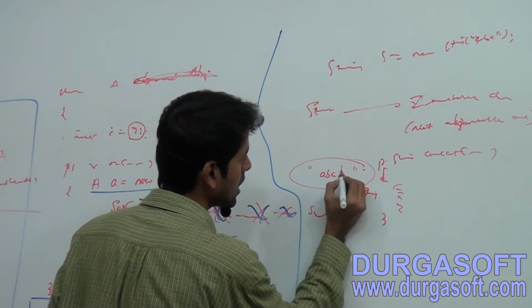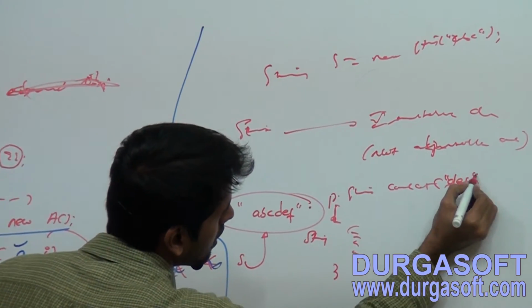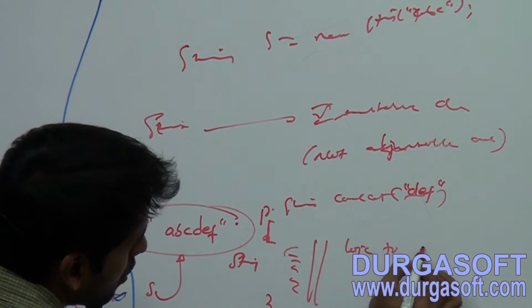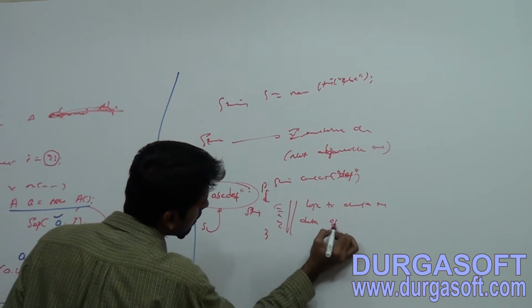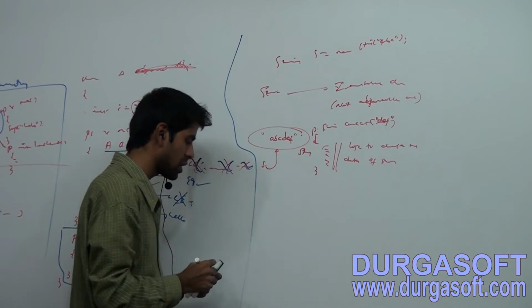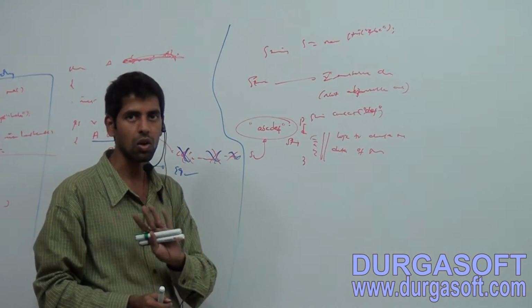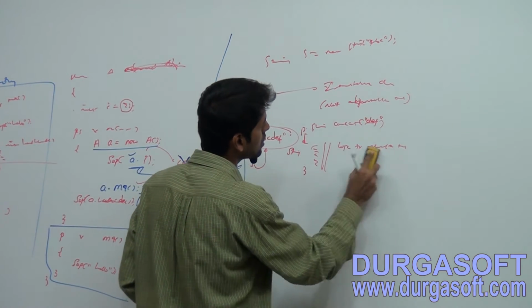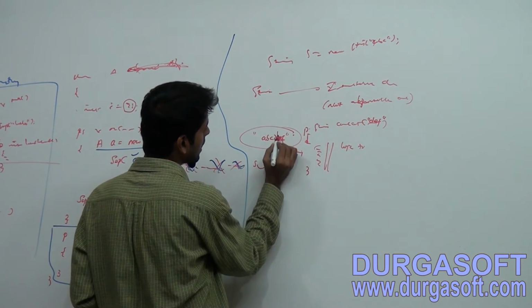If I pass DEF as an argument here, this method does not have the logic to change the data of a string. Strictly, this method does not have that logic at all.